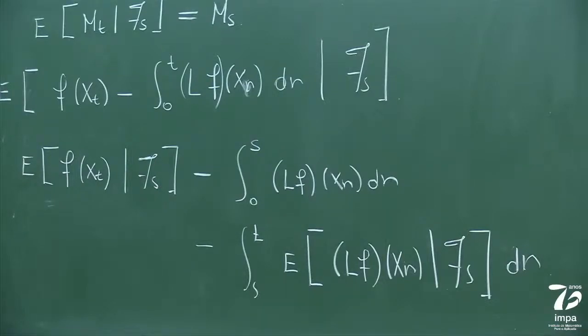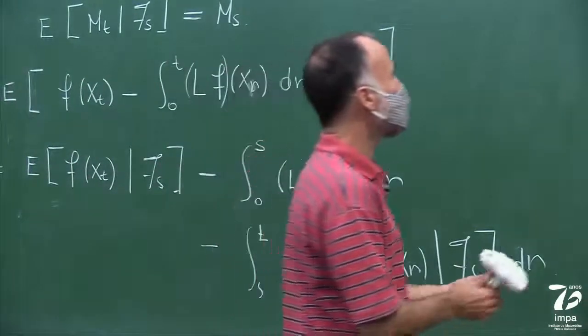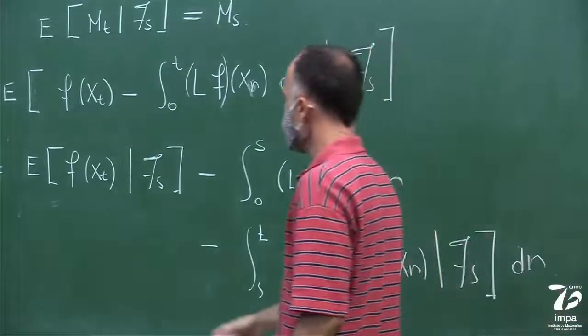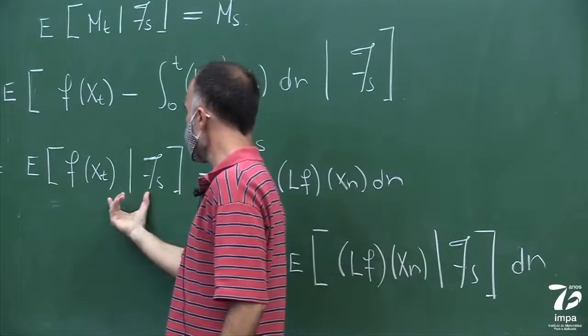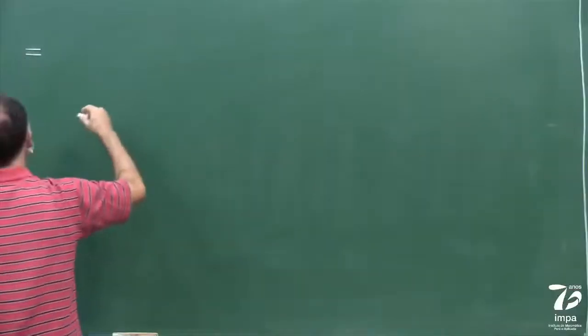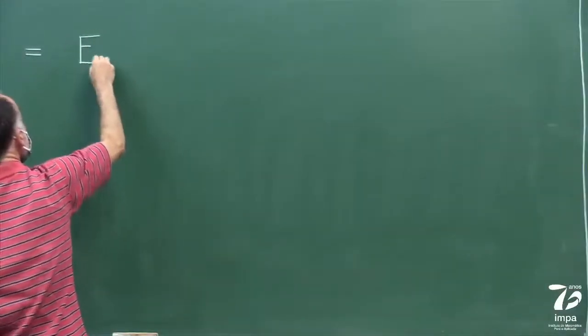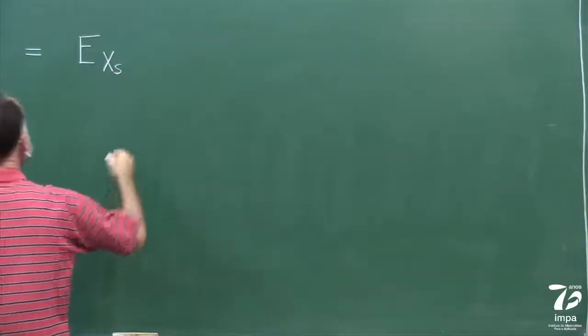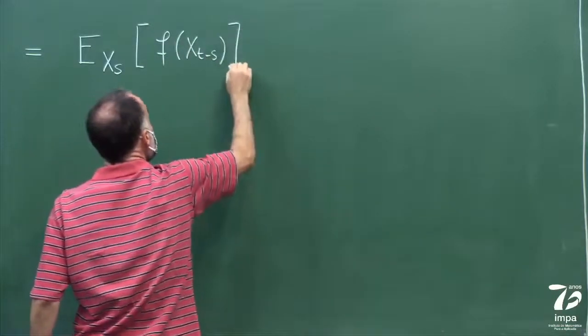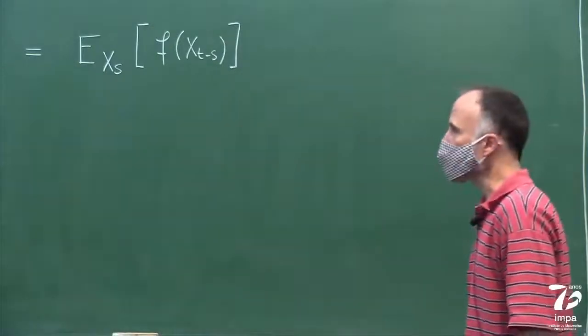Okay, so now we can recall that the process is a Markov chain, and therefore by the Markov property, this conditional expectation is actually equal to the expectation starting from xs of f(x_{t-s}). Right? This is just the Markov property.